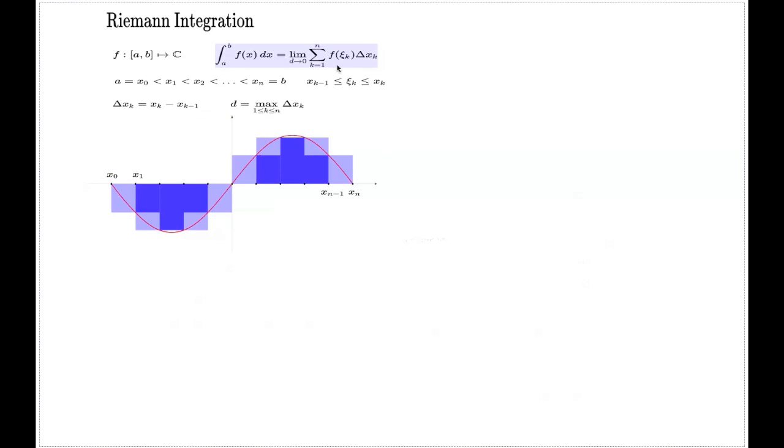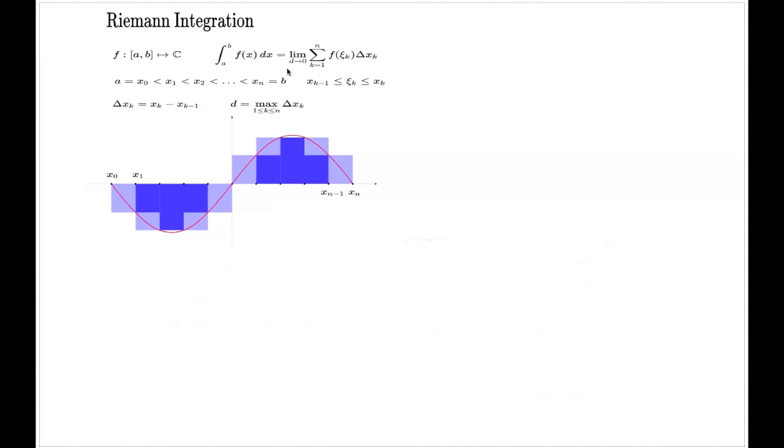This is not the integral, but one term of my summation. Again, you're free to choose any point, not specifically the left or right point of your smaller subinterval. You can choose the point inside if you want. And the limit of the sum, given that this limit exists, will be your Riemann integral.